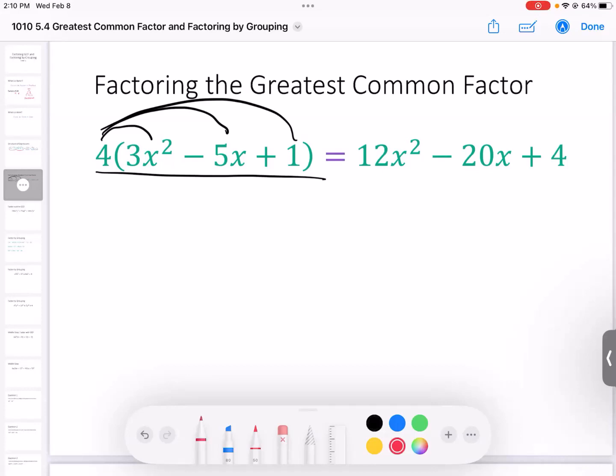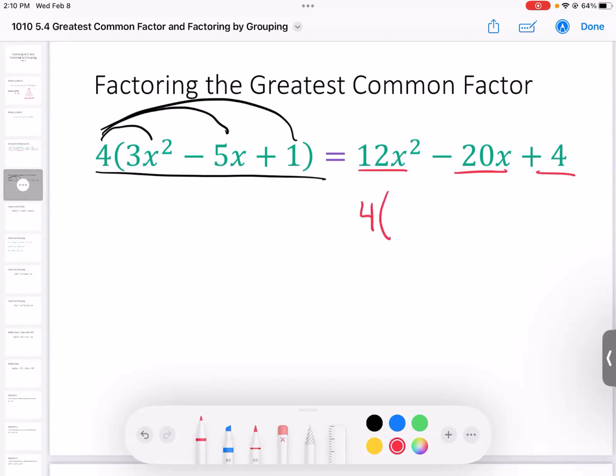And the way we do that is we look at all of our terms and we say, what factors do they have in common? Or in other words, what can they all be divided by? So in this case, what can 12x squared, negative 20x, and 4 all be divided by? 4. So that's going to be my greatest common factor.